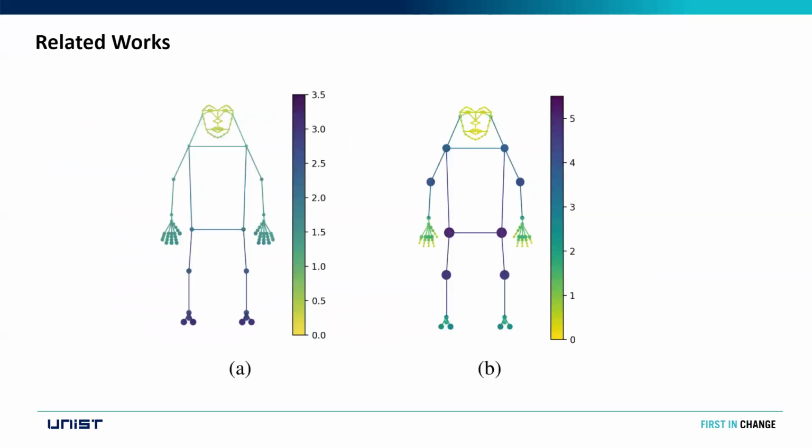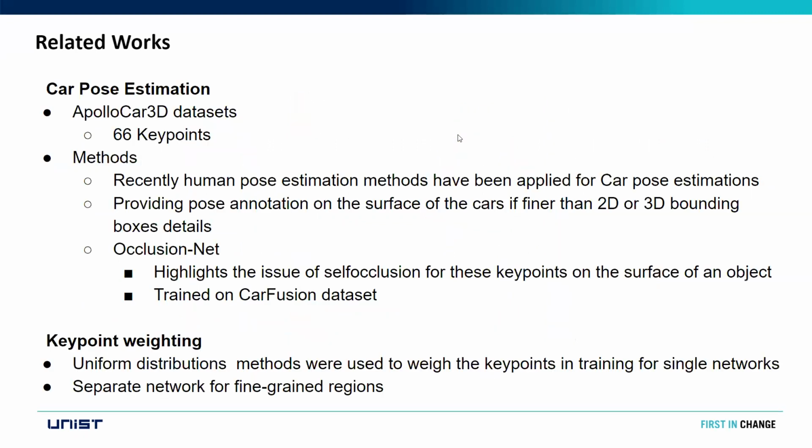Here's an example of the key point annotation from the COCO whole body dataset. They have coarse key points like shoulders, elbows, waist, and knees, and then they also have a lot of fine-grained key points in the hand, feet, and especially the face of the person.